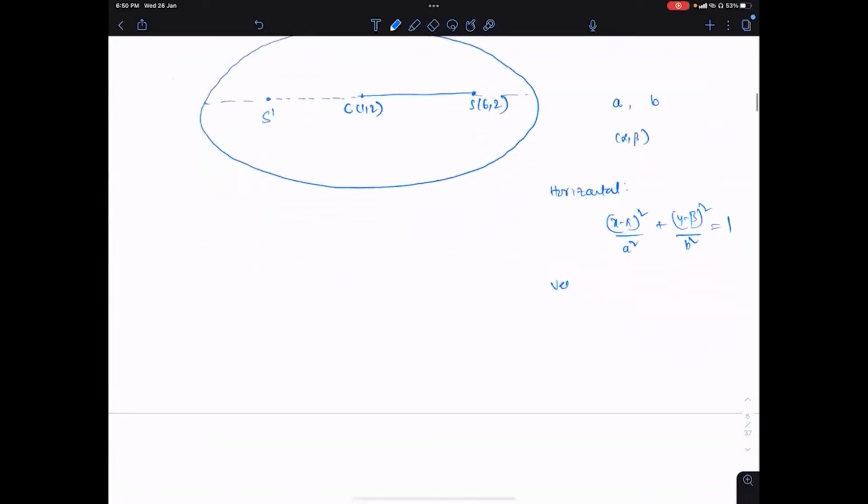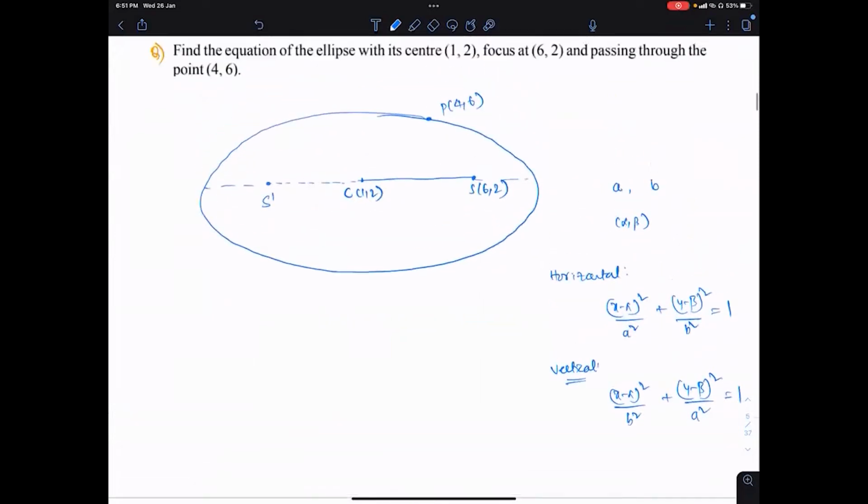If it is a vertical ellipse, then the equation will be (x minus alpha) whole square by b square plus (y minus beta) whole square by a square equals 1. Now this is a horizontal ellipse, so below x square, whatever is larger, that is a square. So a and b we need to find.